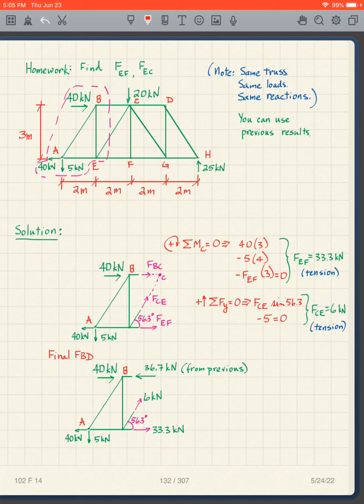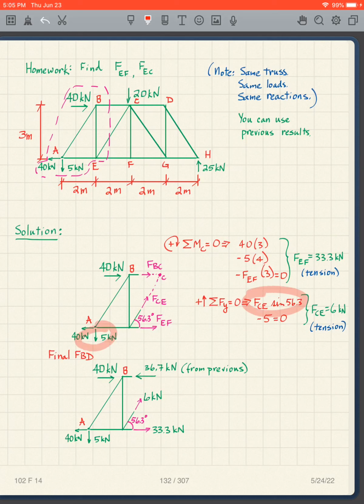And I can take the sum of the forces in the y direction. I guess I didn't show it well, but without showing it, I know that the y component there is going to be FCE sine 56.3 upward, right? So sometimes you can do these things in your head after a while. I've got that going downward.